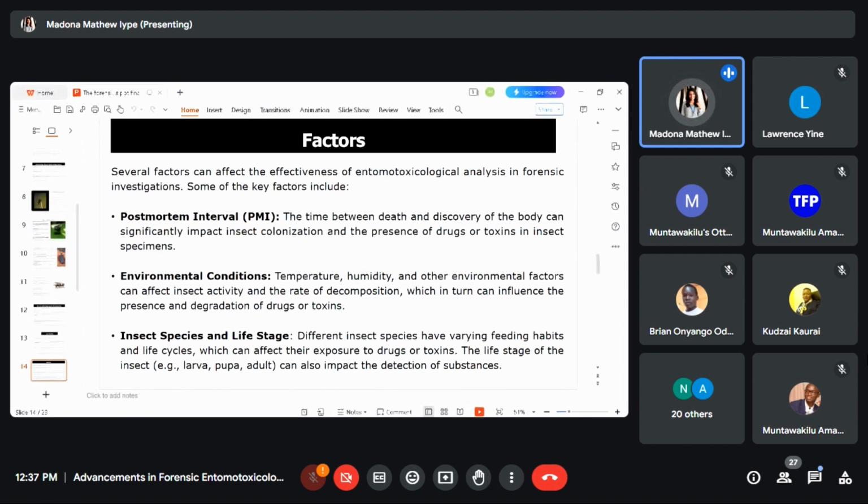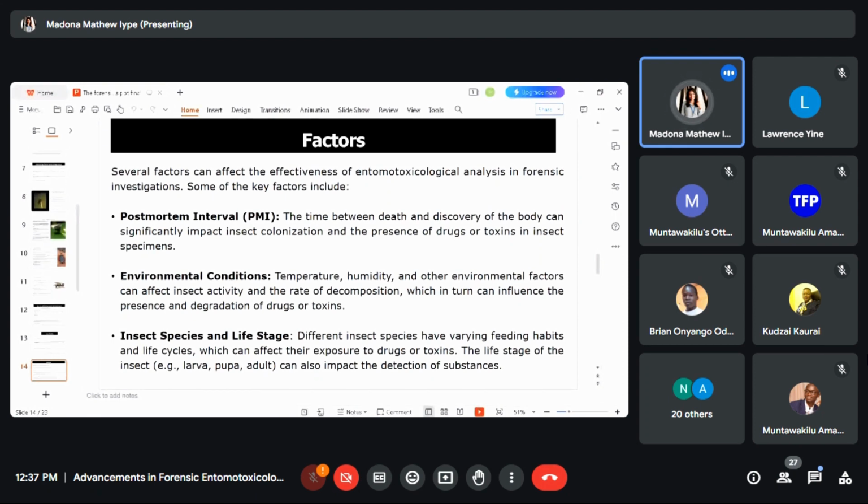But if the body has been injected with cocaine, the egg might turn into an adult fly in just one day. So it will accelerate the whole procedure. And on the other hand, arsenic will degrade or slow down the procedure.